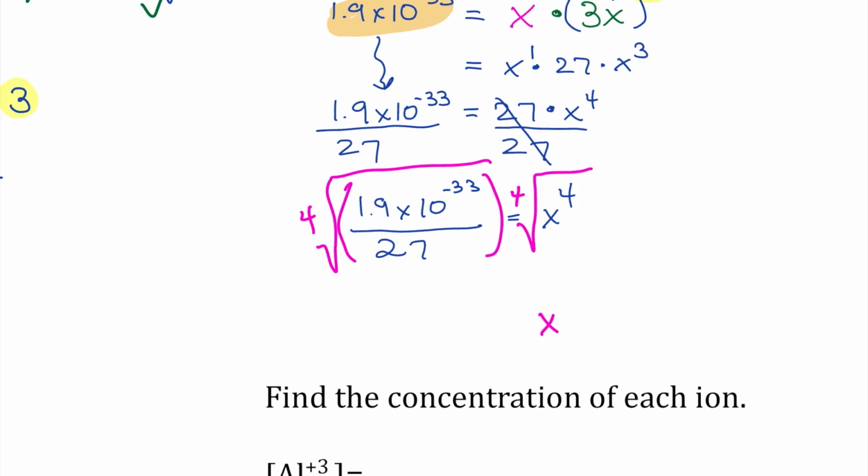And then we get x equals, on your calculator, if you're using one of the calculators I have in class, you're going to press the 4 button, and then you're going to press the second button.